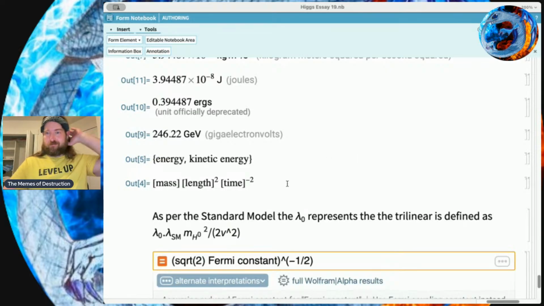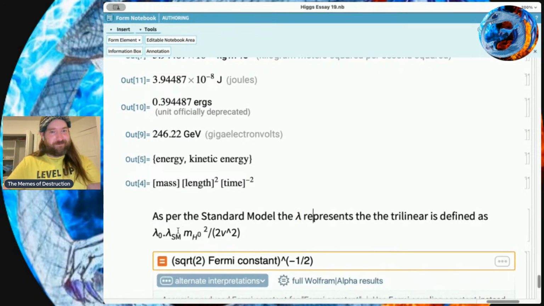Okay. So the Higgs mass, the Higgs self-coupling strength. No, it's just lambda. That's all we're doing. Not gonna do lambda zero. Too much.